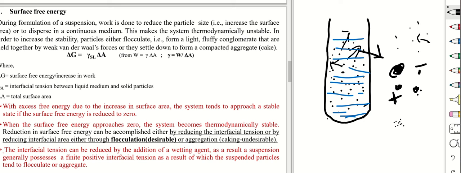They should come closer and form floccules so that the surface area of each particle will be reduced and surface free energy also gets reduced, and all the particles will come closer and form a loose fluffy mass, like a loose network, which are known as floccules.